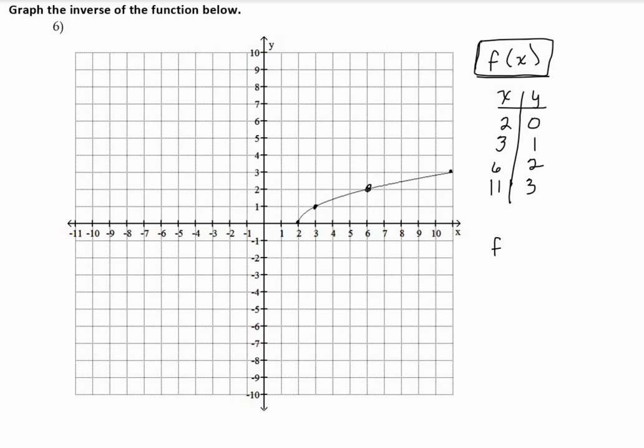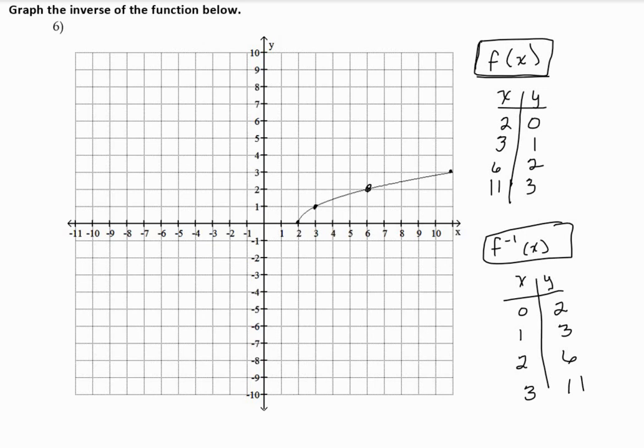And now I'm going to make a table of values for my inverse function. And I am just going to take the ordered pairs that are in my table up here and then just switch them around. So I've got (0, 2), (1, 3), (2, 6), and (3, 11).